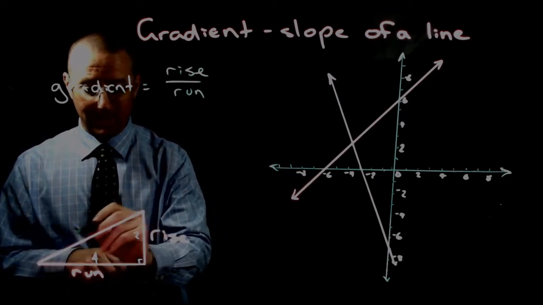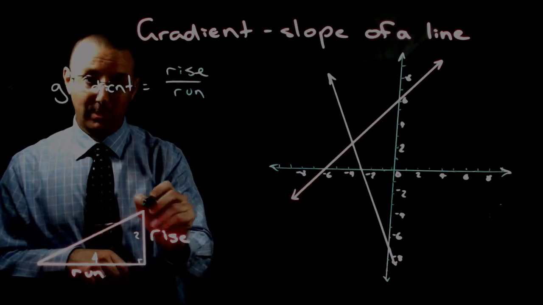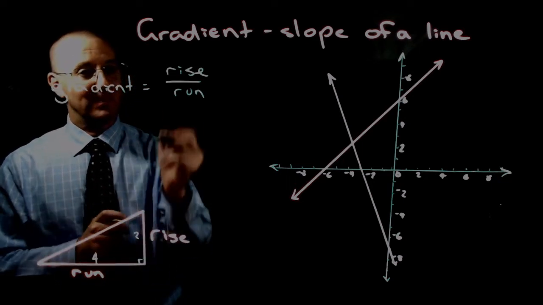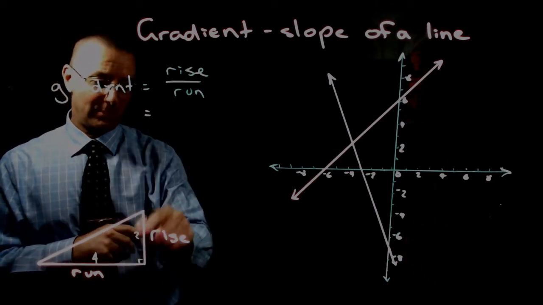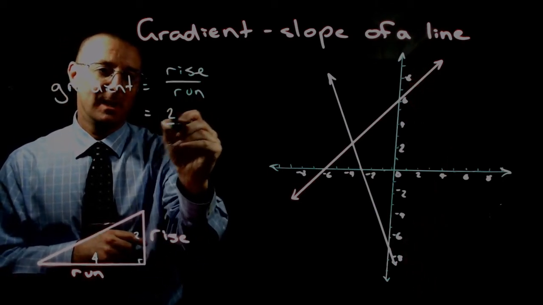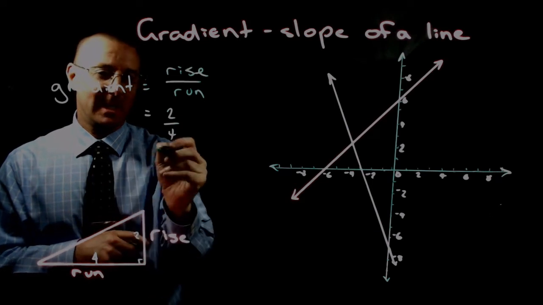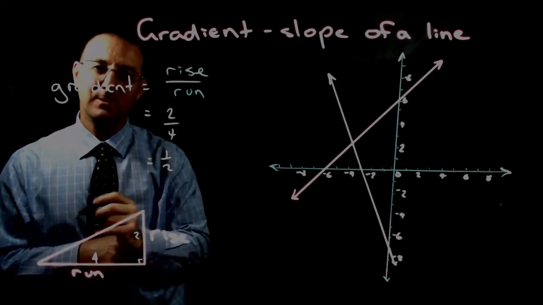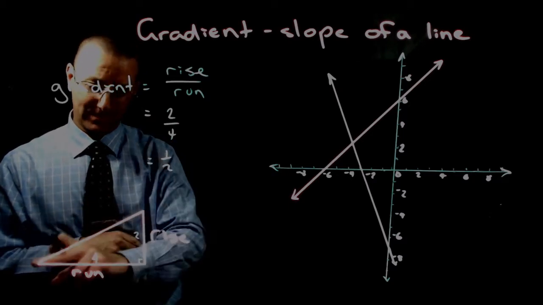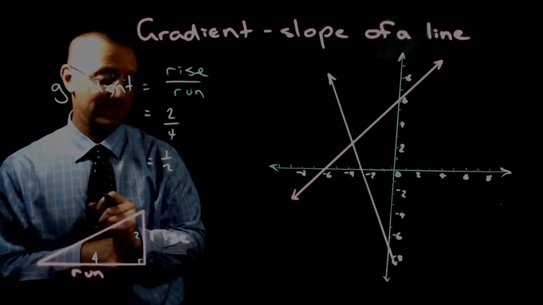Remember, we're calculating the gradient of this top line, the hypotenuse. So we'd put the rise, which is 2, and divide that by 4, and we'd end up with a gradient of 1 over 2, which is a gradient of a half. And so that gives us the slope of this line.